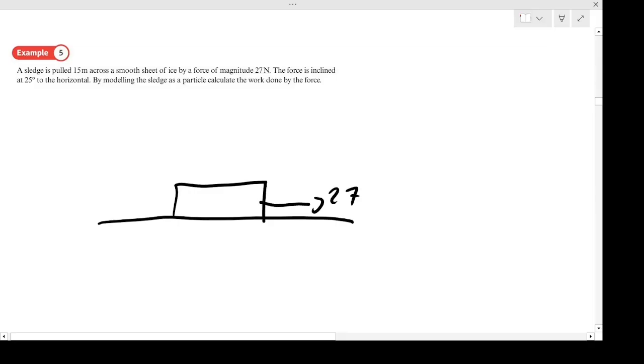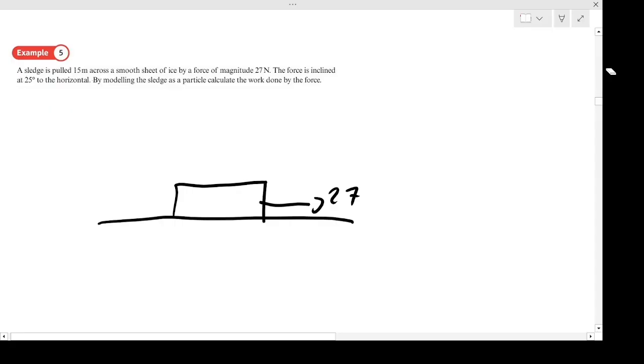But anyway, the main bulk of what's going on here is, again, we've got this sledge, this object on some sort of ice. So like this, I've got my sledge. It's being pulled 15 meters across by a force of 27. So you might think 27 forward like this. However, they've told us this force is 25 degrees to the horizontal.